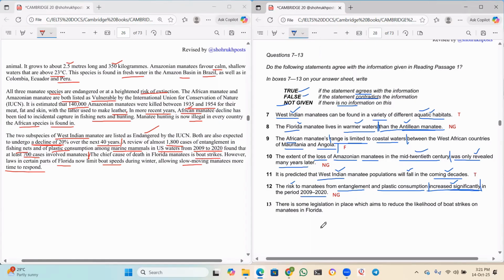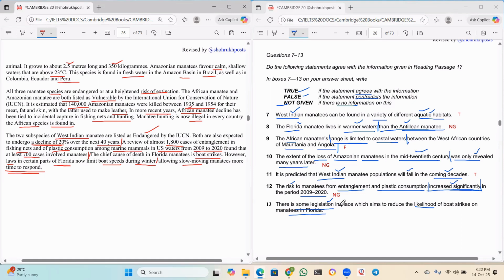And then the next question: there is some legislation in place which aims to reduce the likelihood of boat strikes on manatees in Florida. I think there is some legislation in place. We read something like: however, laws in certain parts of Florida now limit the boat speeds during winter, allowing the slow-moving manatees more time to respond.